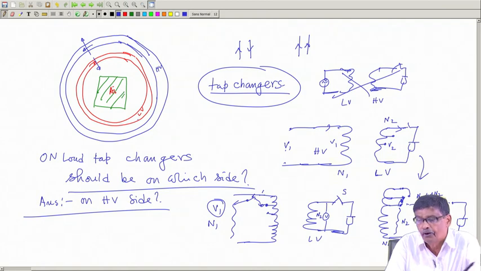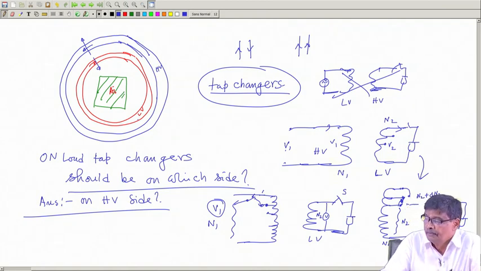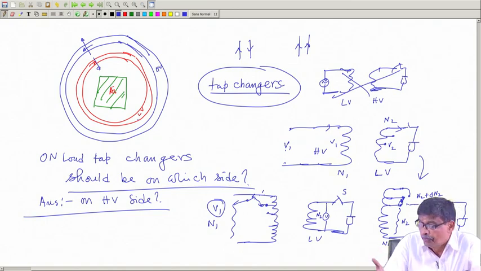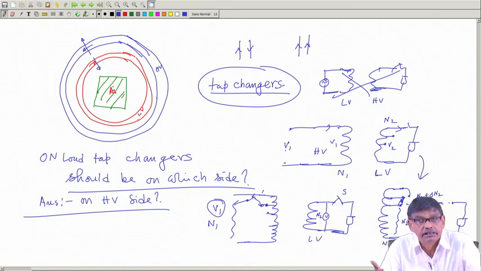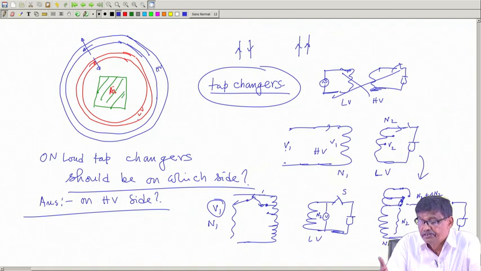You must have a broader idea, and when you look at a transformer, you may find a big transformer may be provided, or may not be provided, with a tap changing arrangement. On load tap changing arrangement means that tap changers must be on the HV side as current is less, and also it is easily accessible.